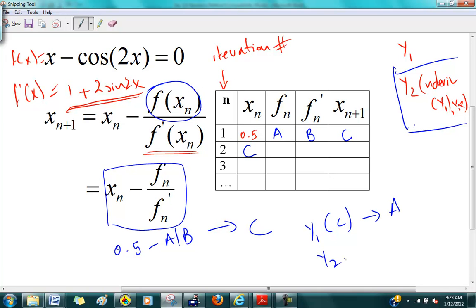And you're going to do y2 of C and put it in B. And then you're going to do this division, except now you're going to use C, and put that back in C. Okay? So do these iterations until you find that the fourth digit doesn't change.